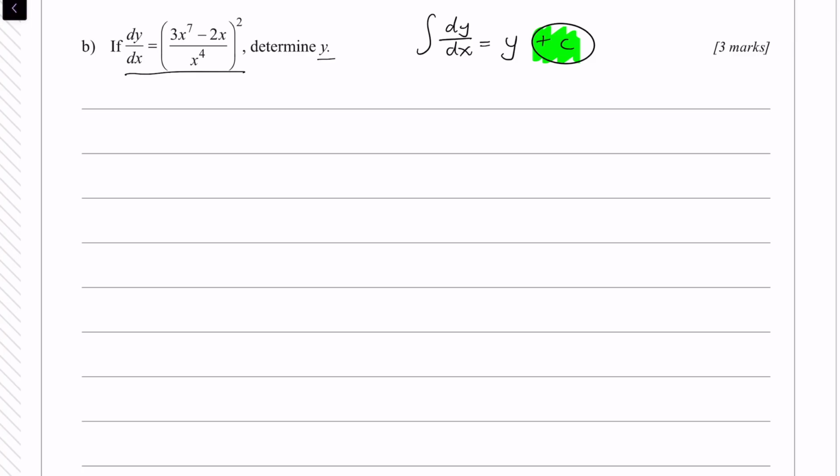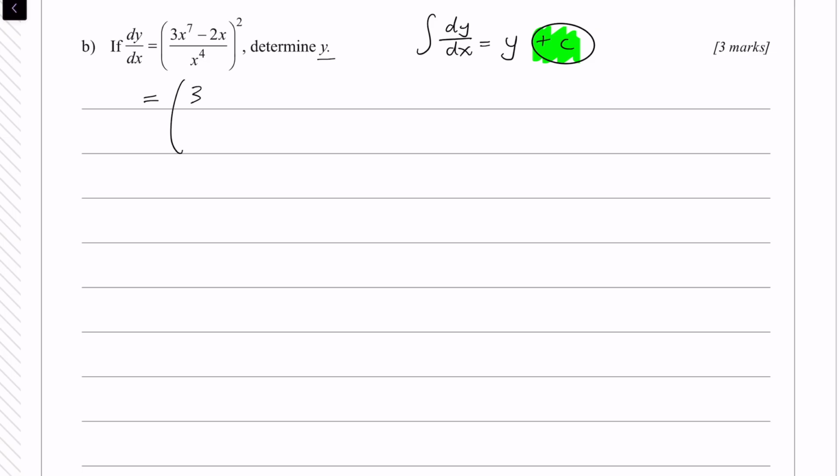And the way to do that is we have two things on the top, but one denominator. And so a trick here is really to separate those two fractions that are hidden within this equation for dy dx.